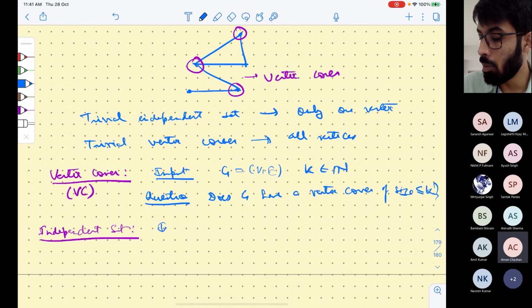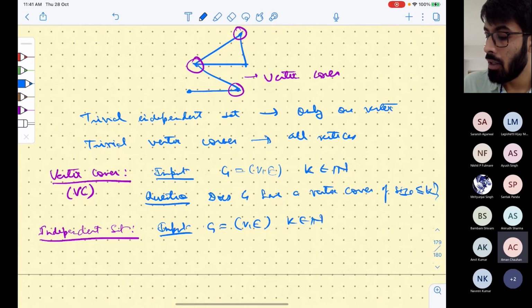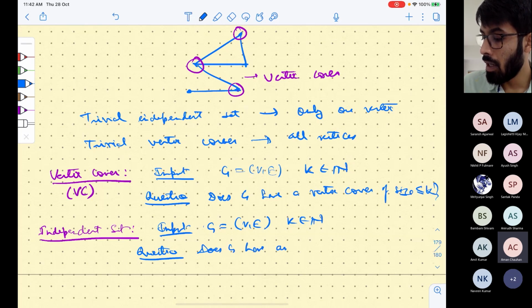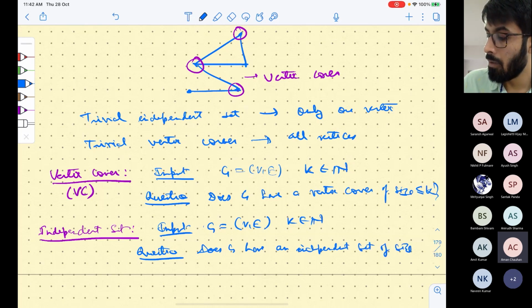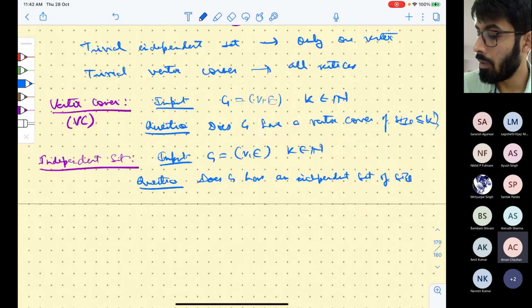For independent set, again, the input is going to be the same. G equals (V, E), K in N. And the question is, does G have an independent set of size at least K?